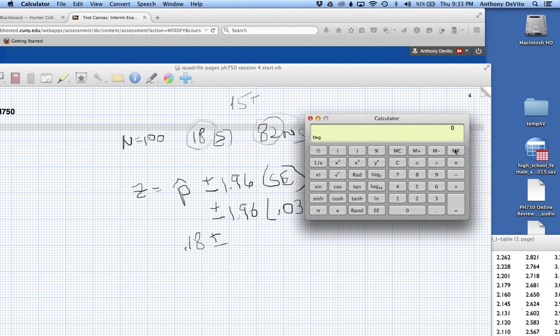I'm going to put that into memory, and I'm going to clear the whole thing, and it's going to be 0.18 minus, I'm going to recall it from memory. Oh no, I did it wrong again, didn't I? Okay, 0.0384 times 1.